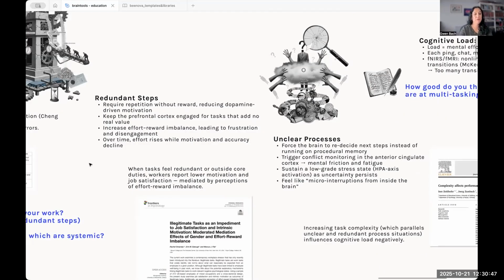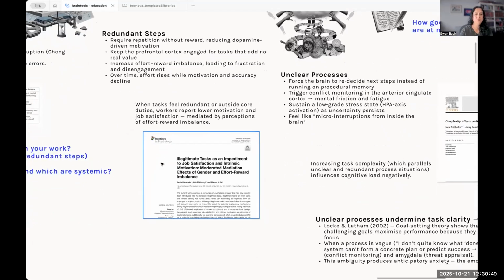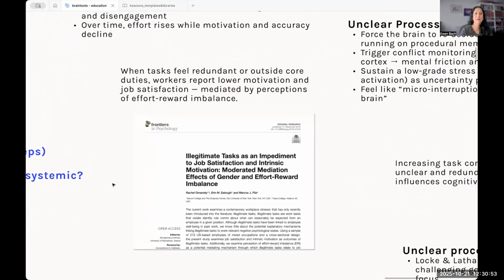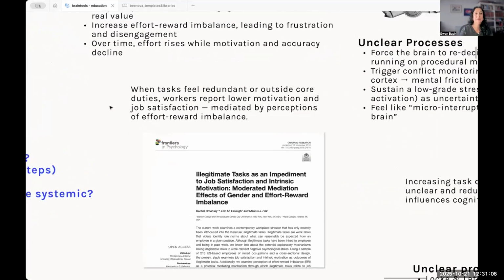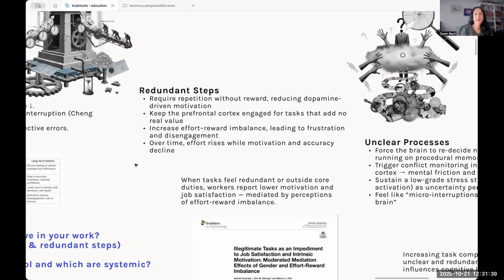There's some newer research that if a task feels redundant or is outside of our core duties, employees are less motivated and job satisfaction goes down. It's defined as required repetition without reward. It's like going to the gym and lifting weights, and it's hard, but you don't have any muscle growth.